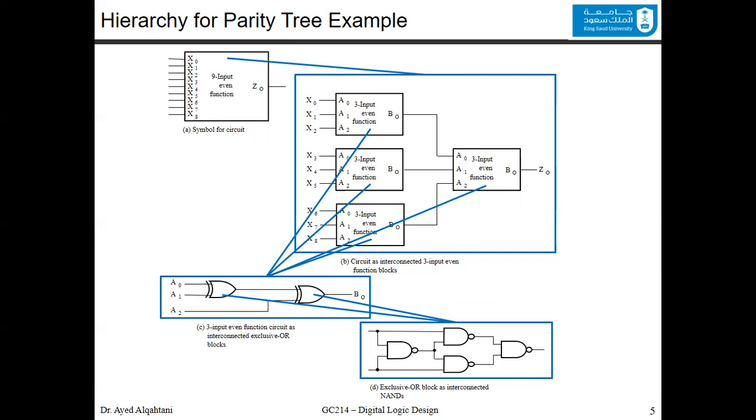So if you want to find how many NANDs are in the full design, each XOR now has 4 NANDs, and this one also has 4 NANDs. So the total is 8 NANDs. We have 8 here, 8 here, 8 here, and 8 NANDs here. So for the full design, we will need 32 NANDs.